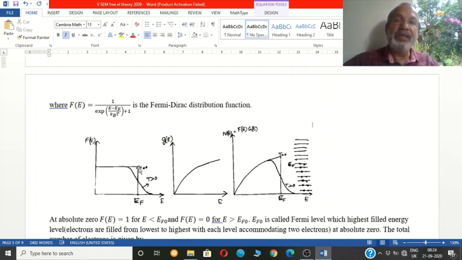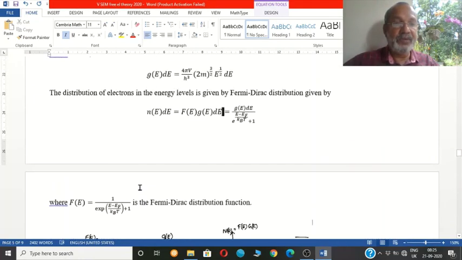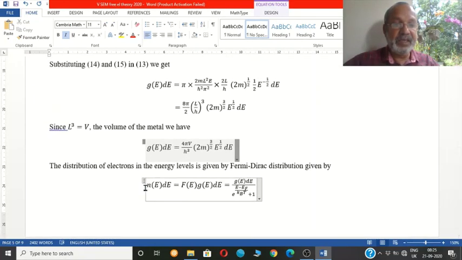Only the region near EF is affected when the temperature becomes greater than 0. That is this part. So N(E) can be obtained from this equation, canceling dE on both sides.